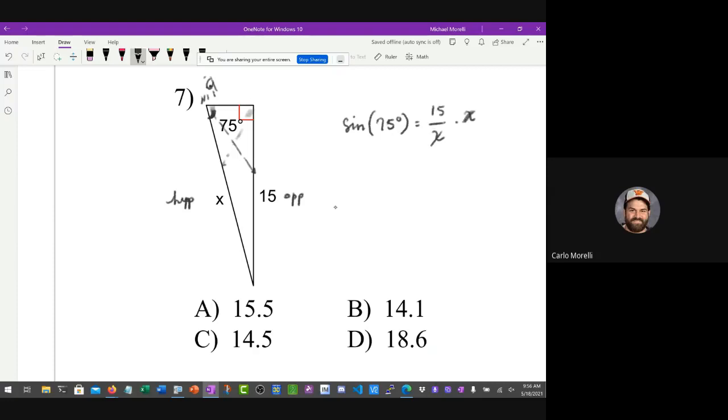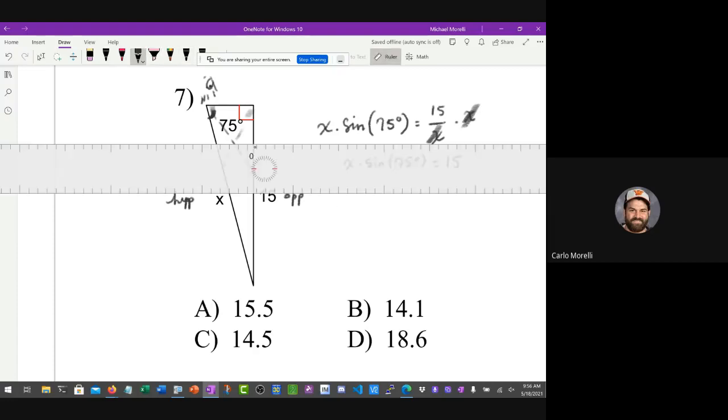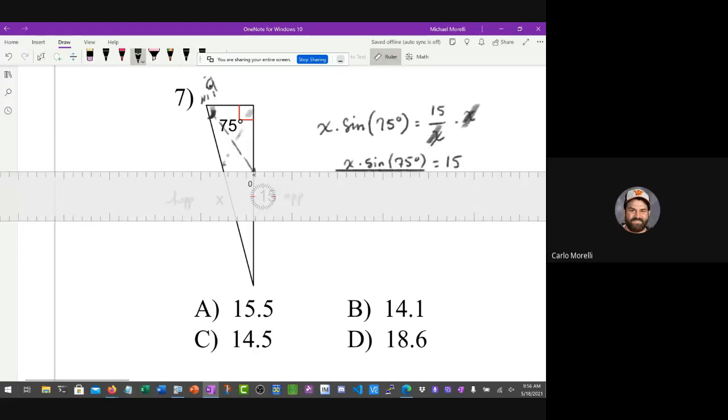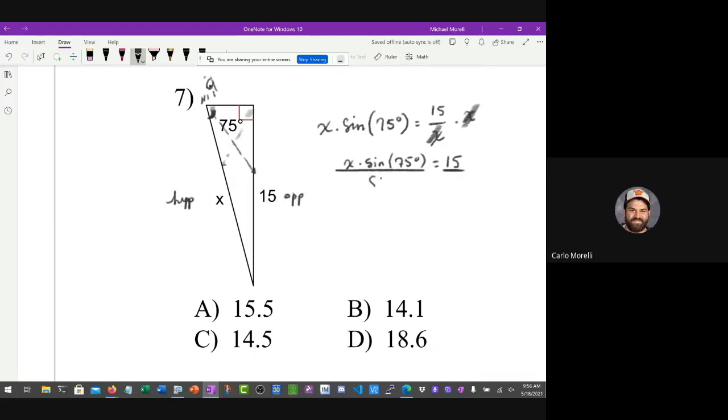So we'll multiply both sides by x. Cancel, cancel. x times the sine of 75 degrees equals 15. So we have to divide both sides by the sine of 75 degrees. And we get x equals 15 divided by the sine of 75 degrees.